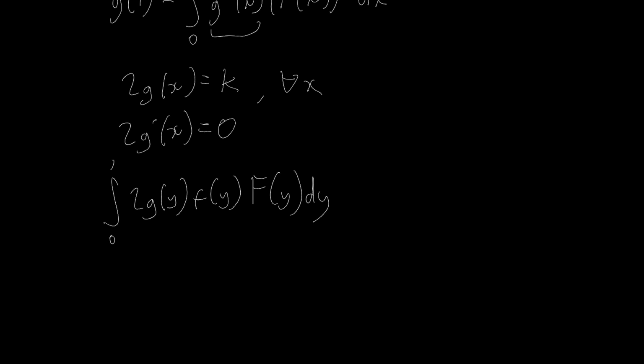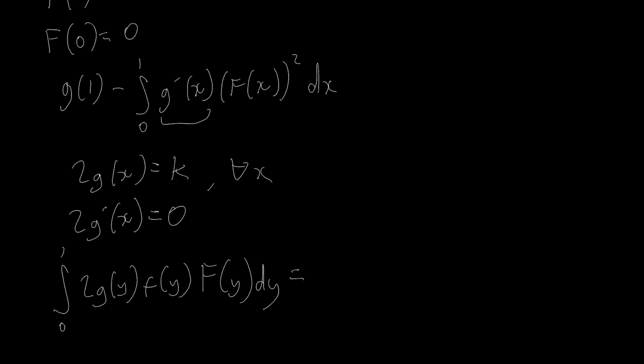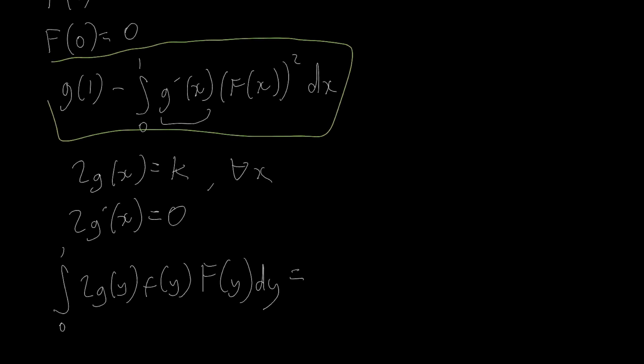If I put x's here and did this with respect to x, we'd have the exact same result. With that, we learned from the previous part that this can be written in this form: g of 1 minus this integral, g prime of x, and then f of x squared.